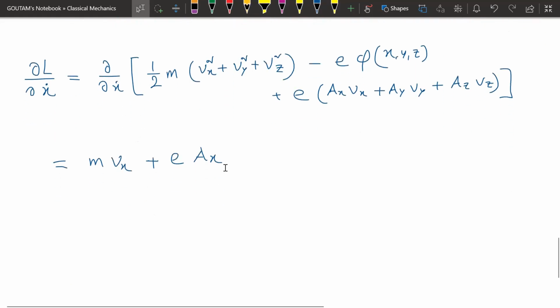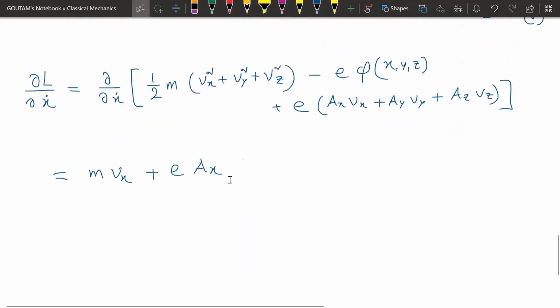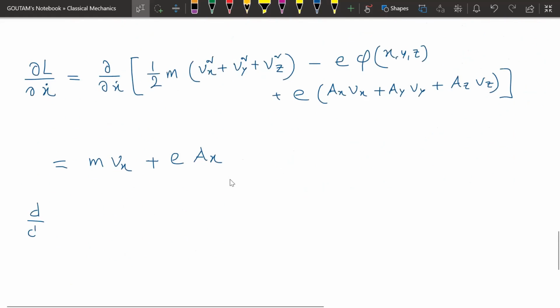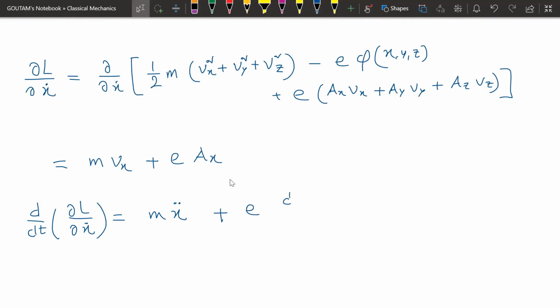So we are left with this term, and if you take the d/dt of del L del x dot, we will get m x double dot, the double derivative of x, which is the x component of force, plus E dAx dt.